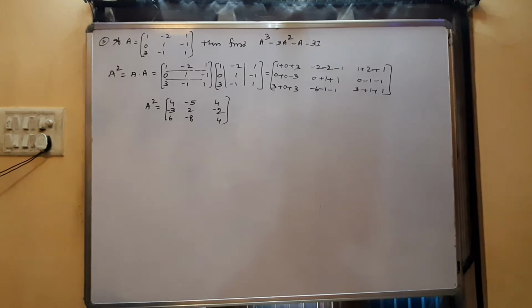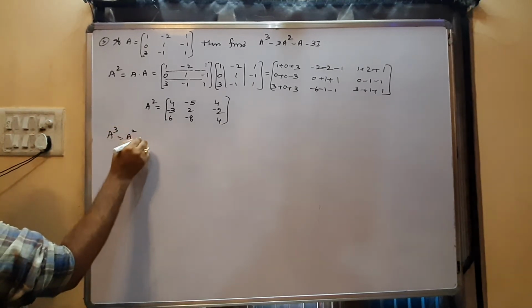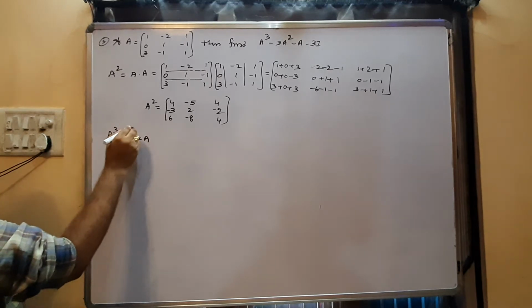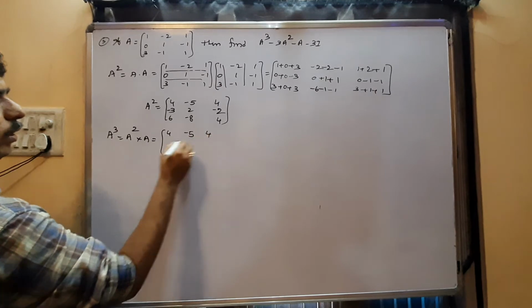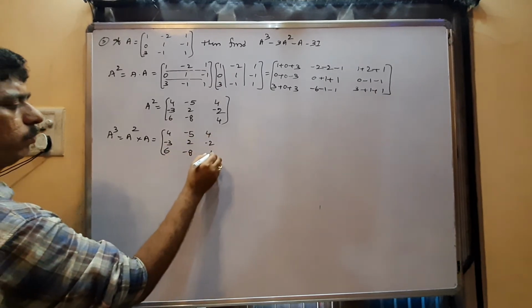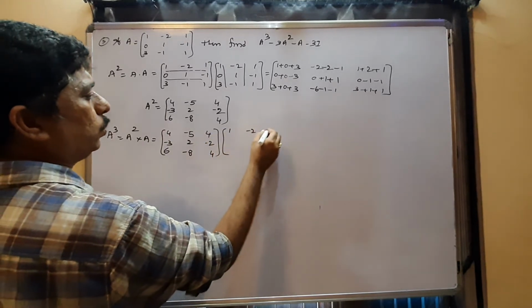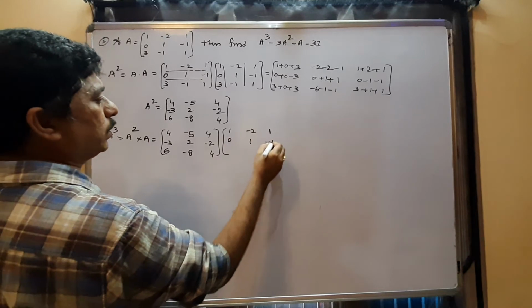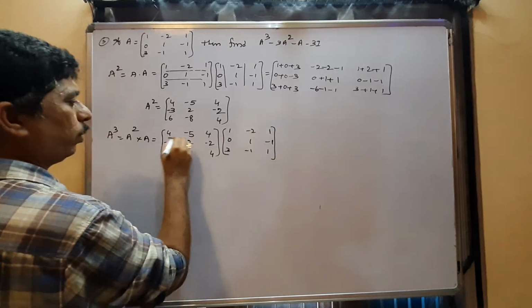You have to find A cube. A cube means A square into A. A square value is 4, minus 5, 4, minus 3, 2, minus 2, 6, minus 8, 4, into A again: 1, minus 2, 1, 0, 1, minus 1, 3, minus 1, 1. Again, row into column you have to multiply.